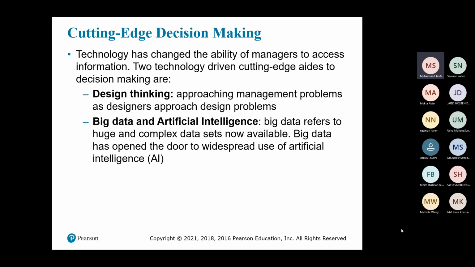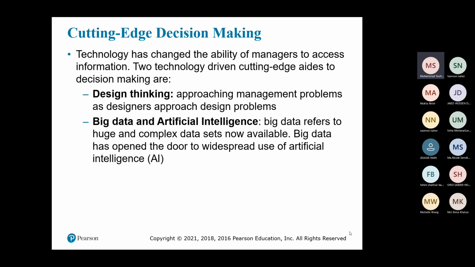Then we also use cutting edge technology to assist us in visualizing the problem and visualizing the solution. We use big data and also artificial intelligence to create a better visualization of the problem and the solution.